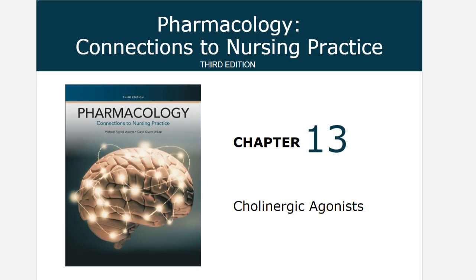Now I'm just going to talk about some of the antibiotics that may be prescribed for someone that has a UTI or some other type of localized infection. The first one I'm going to talk about is ciprofloxacin, or Cipro. It's an antibacterial.